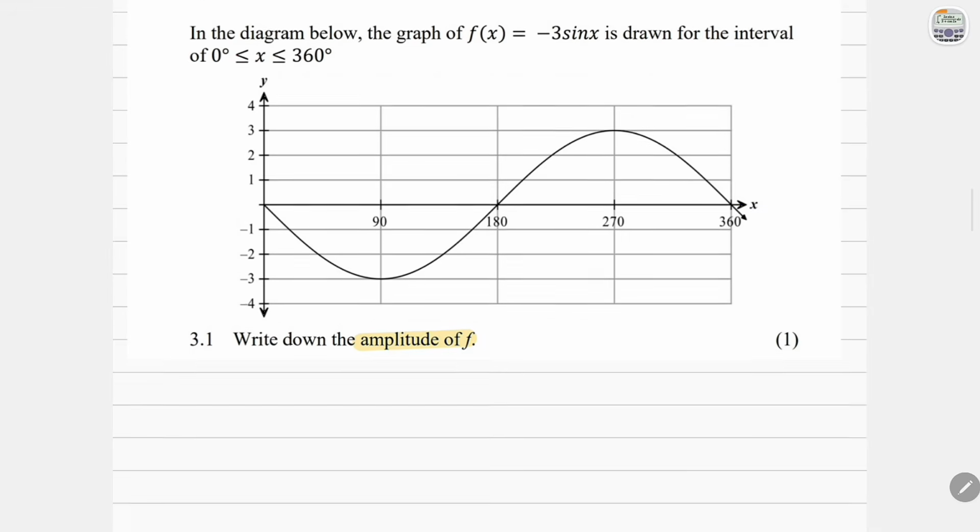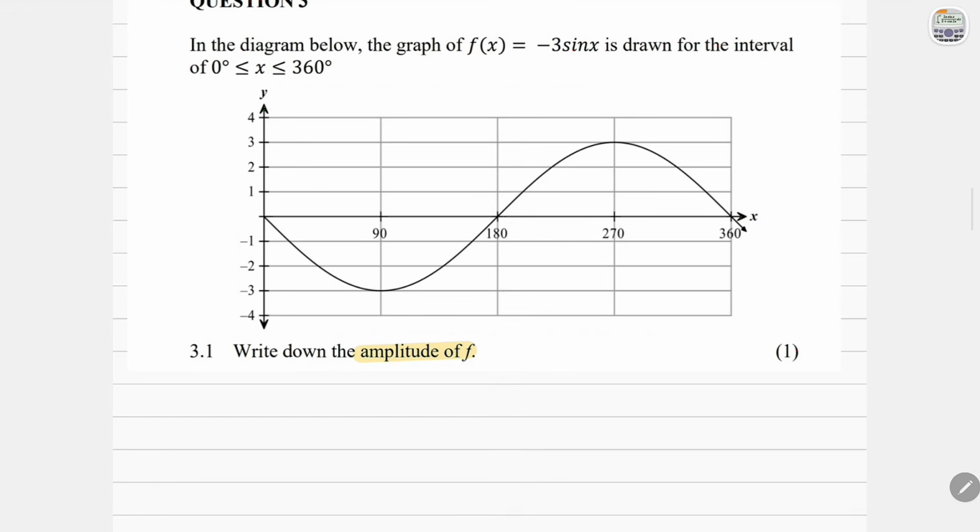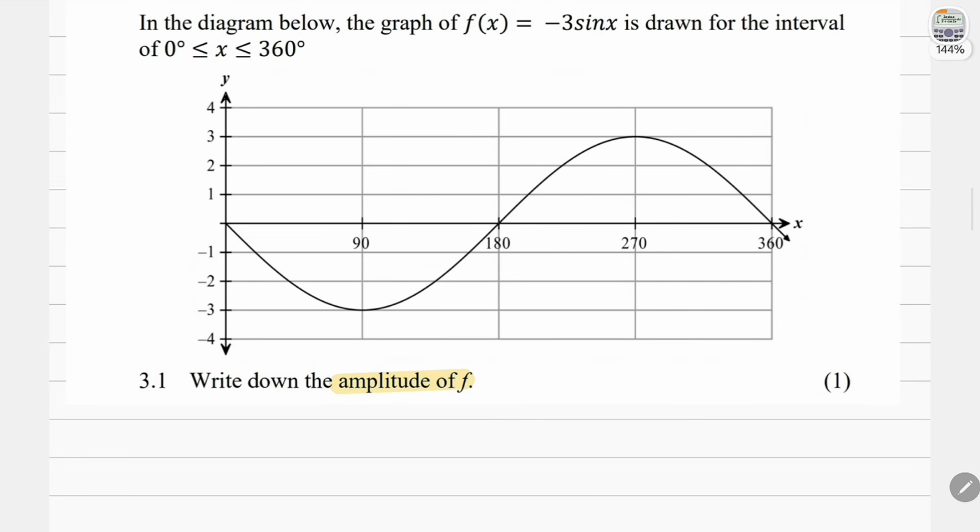So the amplitude of a graph is the height of the graph, but from the middle, so from the midline. We can see that the highest it reaches is 3, the lowest it reaches is negative 3. So the middle would be at 0. If you check the height from that midline to the highest point, that is exactly 3 units.